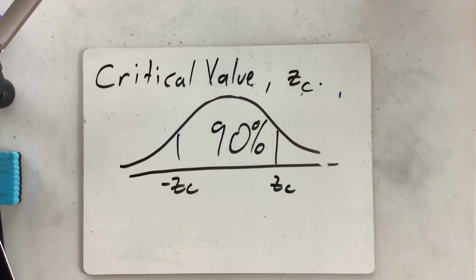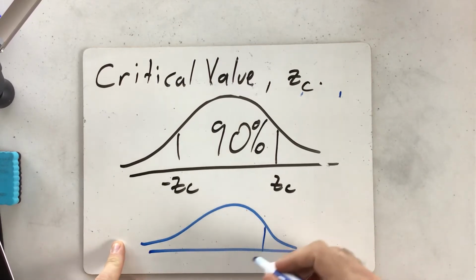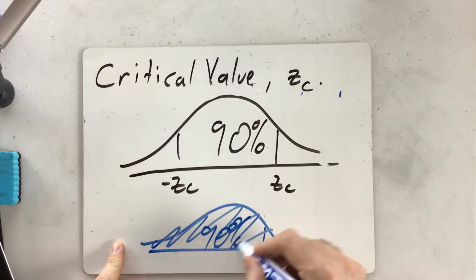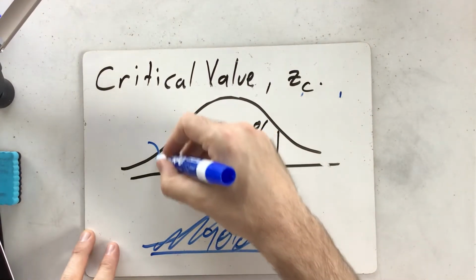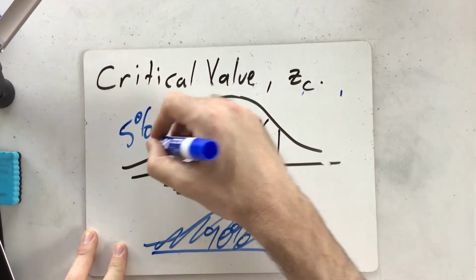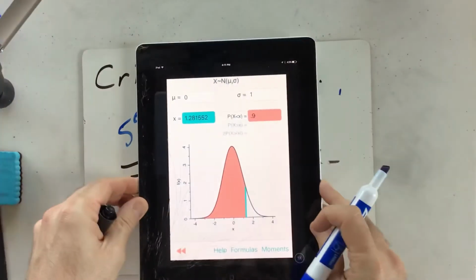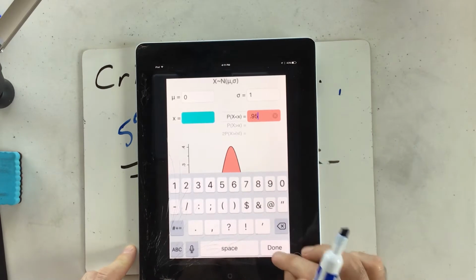So the picture that I had looked like this. The picture that I had, all of this 90%. But that's not what I want. So what I need to do is I need to figure out how much extra area falls over here. And the answer is I've got 5% and 5%. So instead of putting 0.9 in my problem, what I want to put is 0.95.